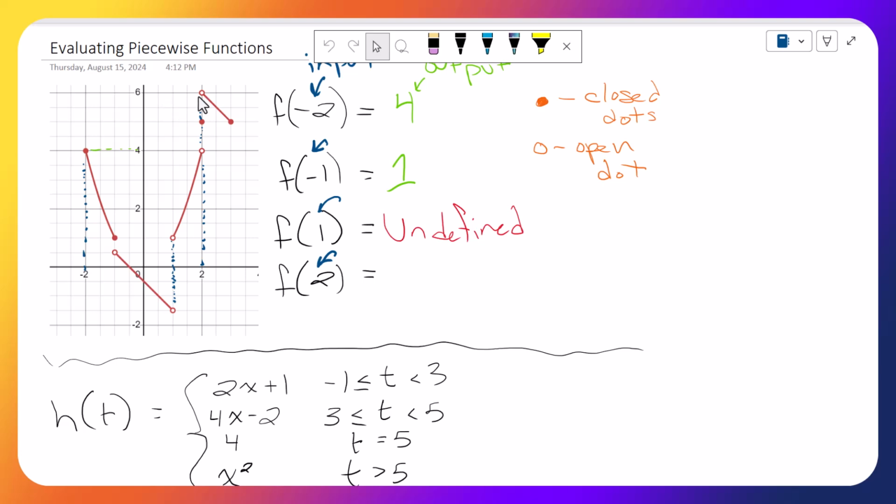And again, at these open dots, our function is not defined, our function is undefined, but we have a closed dot here that tells us our function is defined at this point. So when our input is 2, our output is 5. And that's evaluating from a graph.